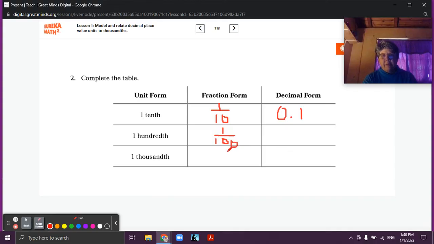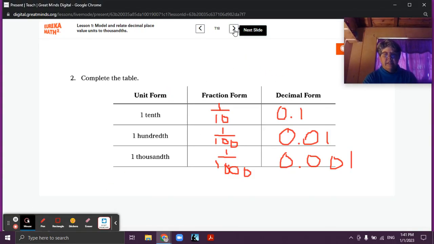Go ahead and fill that one out as a fraction. 1/1000. And then the decimal form: 0.01, and 0.001. Okay, so look at your patterns here. All right, make sure you have that filled out on the first page.